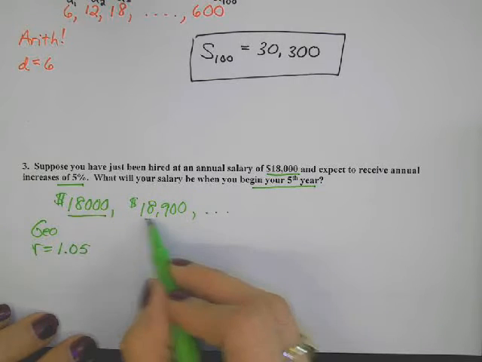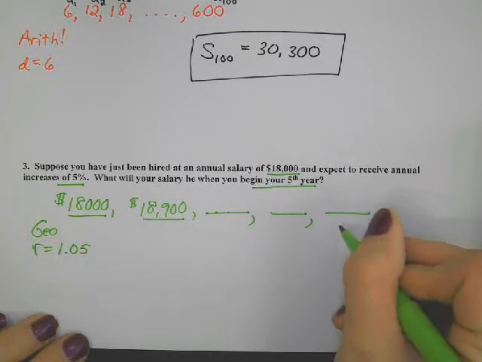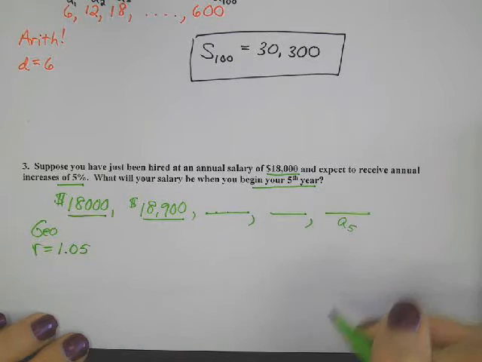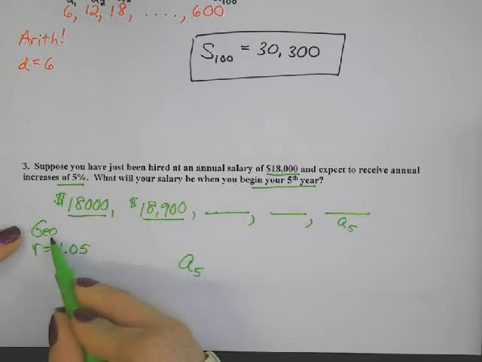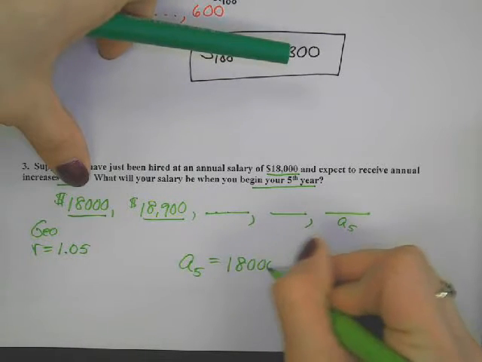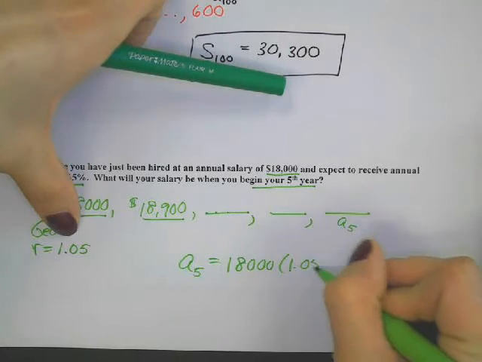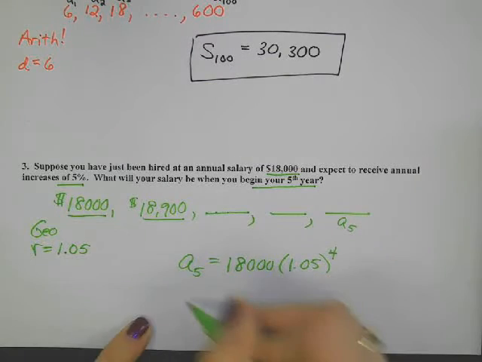Okay, what will your salary be when you begin your 5th year? So here's the first year, the second year, the third year, the fourth year. The 5th year would be considered a sub 5. So we're going to calculate a sub 5. A geometric term is a1 times r to the power of 1 less, n minus 1, 4.